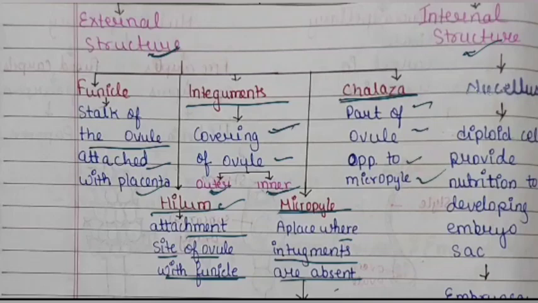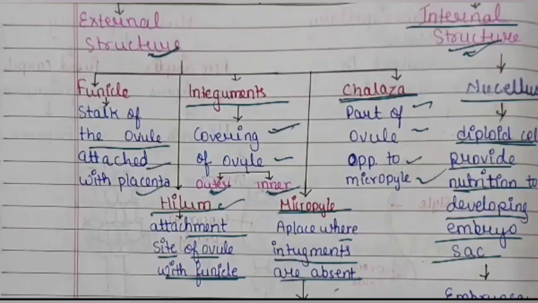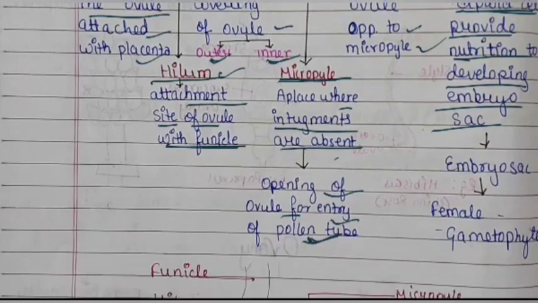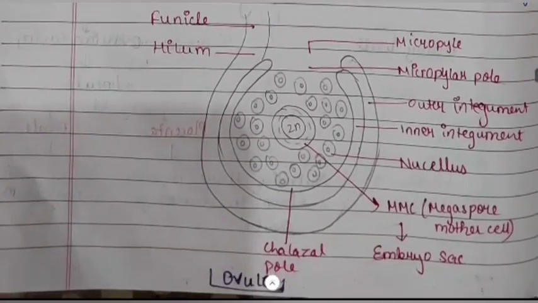Now if we talk about internal structure, it consists of the nucellus, inside which diploid cells provide nutrition to the developing embryo sac. So the micropyle is basically the opening of the ovule for the entry of the pollen tube. Now let us take a look at its diagram.